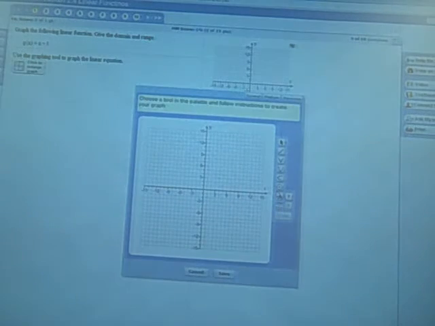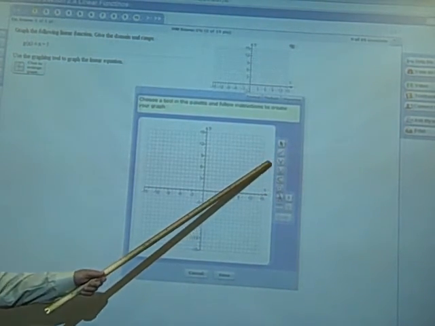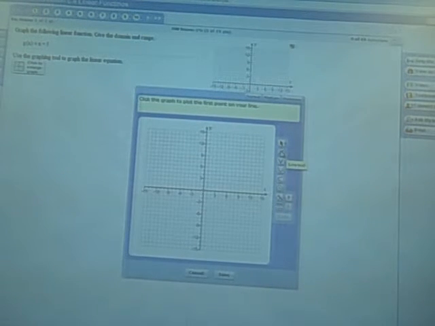Okay, here we have: graph the following linear function. Give the domain and range. It says here, click the enlarged graph. Now you see this palette off to the right here? You want to click the line because you're graphing a linear equation. So we click that.